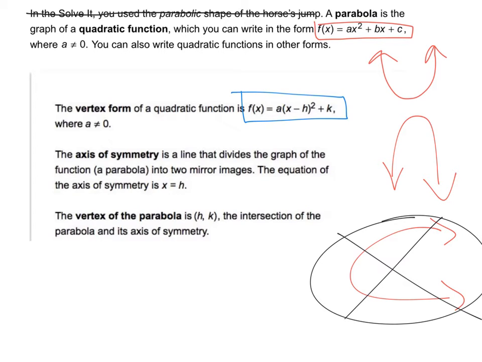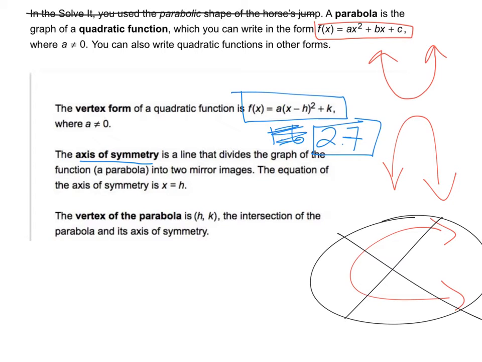That should look familiar. When we did absolute value functions in section 2.7, that's something we talked about, where we had those same variables a, h, and k. We are going to have another axis of symmetry, again, something similar.